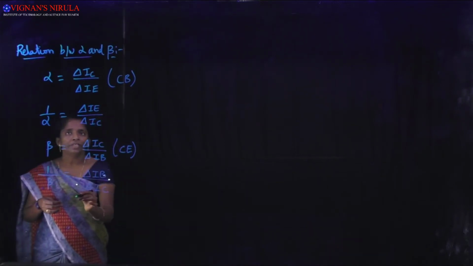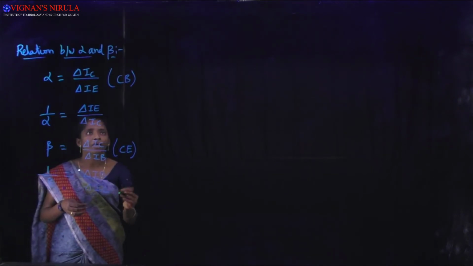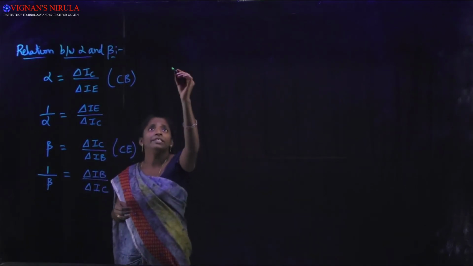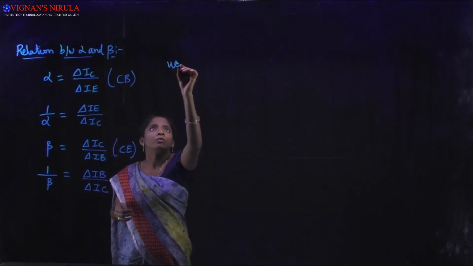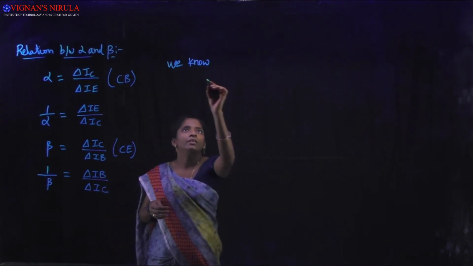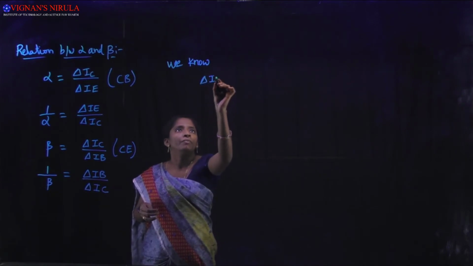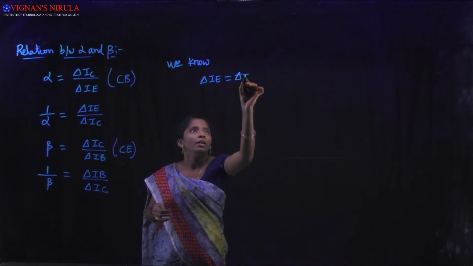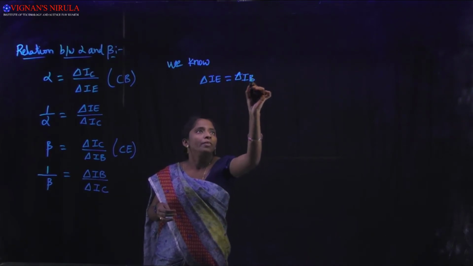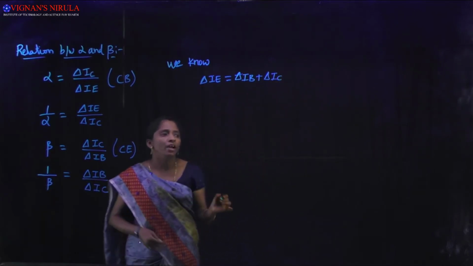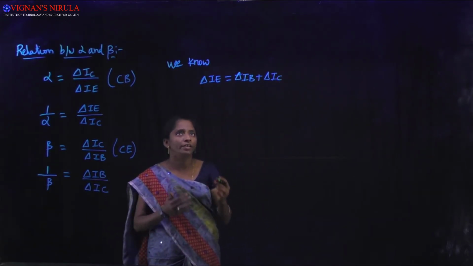So from these equations we can derive the relation between alpha and beta. We know the total current in a transistor: delta IE equal to delta IB plus delta IC. It is the algebraic sum of the currents in the transistor.